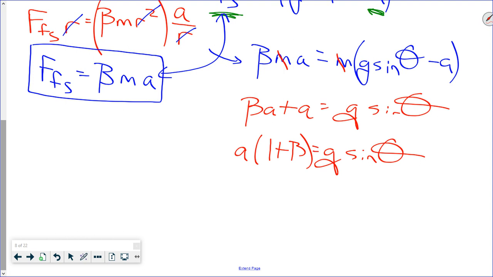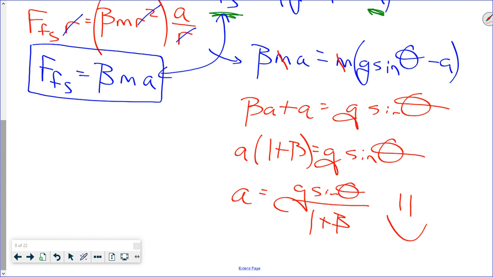And then divide, and you get a equals g sine theta over 1 plus beta, which is the same thing we got before. Cool. And I just realized I was really sloppy. All of these a's should be acceleration of the center of mass. Okay? All right, so that's another way of doing this.